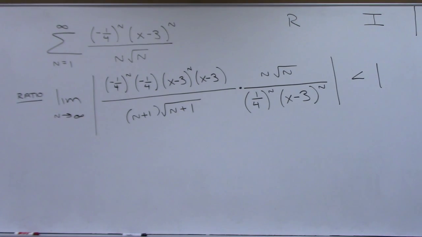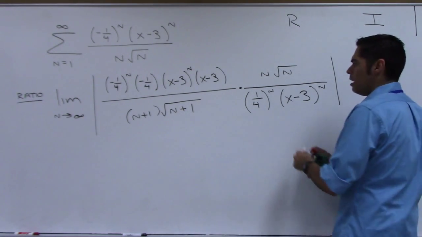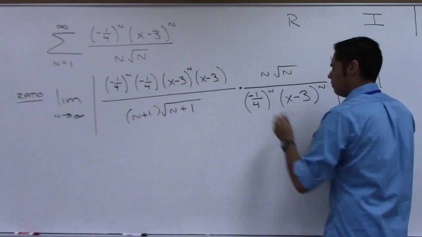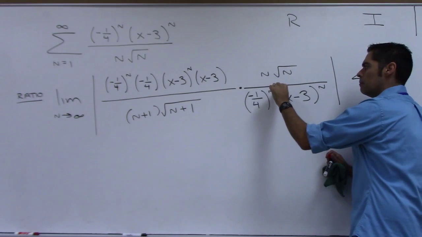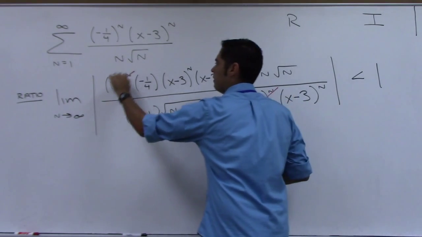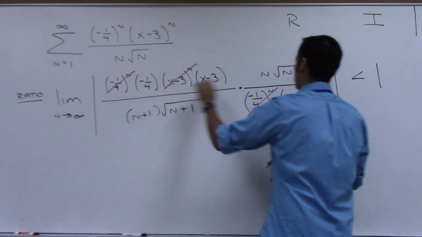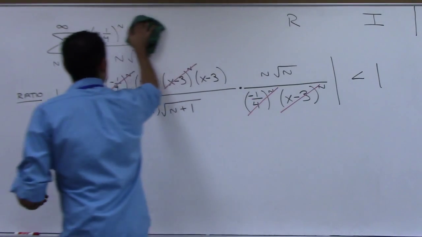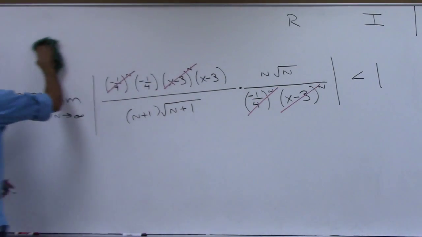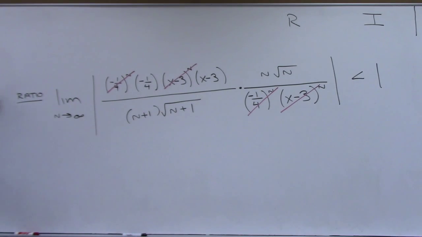I can cancel now, right? I forgot a negative right here. Everyone see that? Yeah, I had it. This is gone. I don't see anything else gone, do you? So let me rewrite this now.